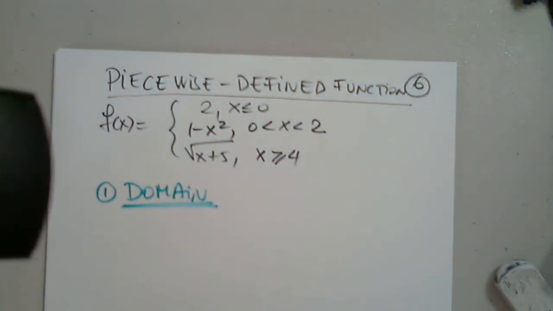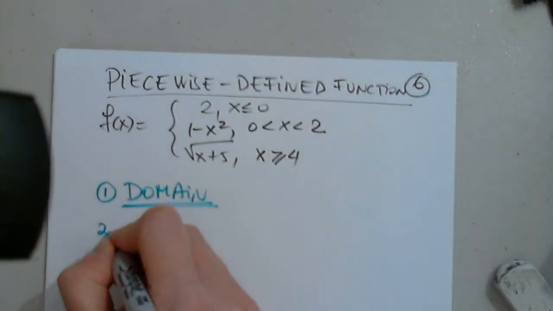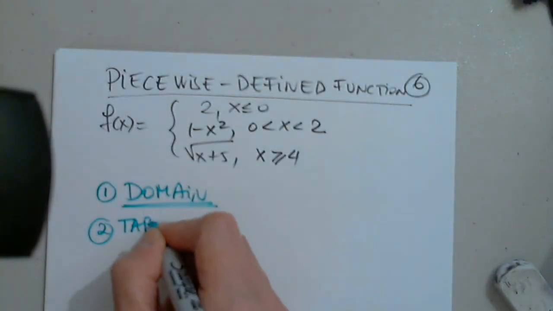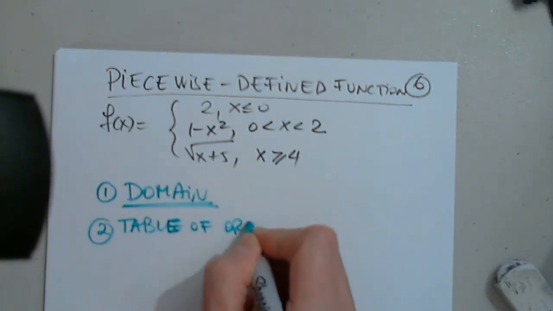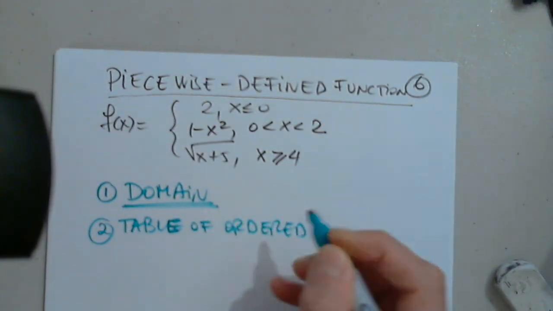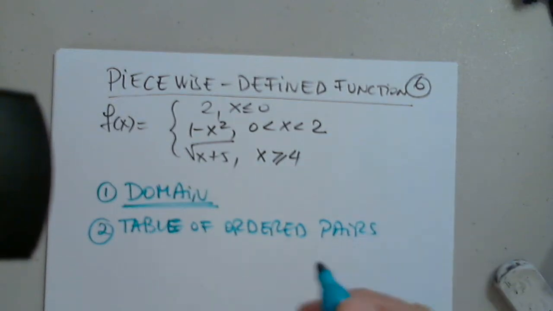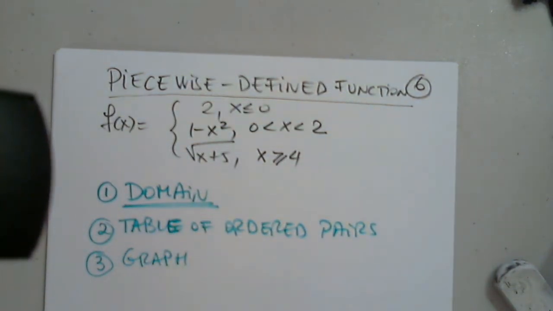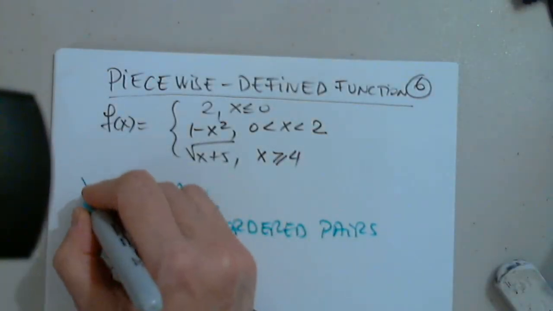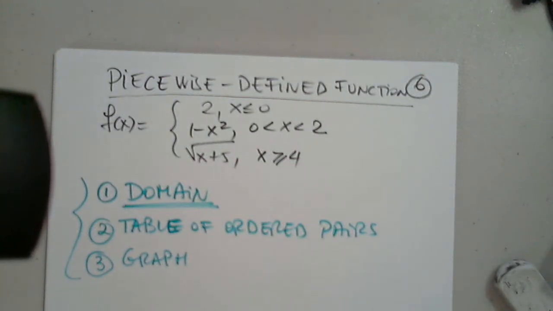That is the key, because I have no idea where to start, what values to put in. So that's number 1. And number 2, I have to create a table of ordered pairs. And only in step 3 I graph. So these are the 3 steps that I have to perform, no matter what type of function I'm given to graph.